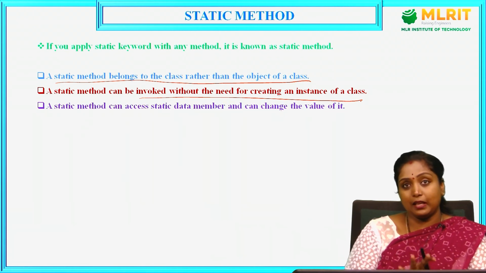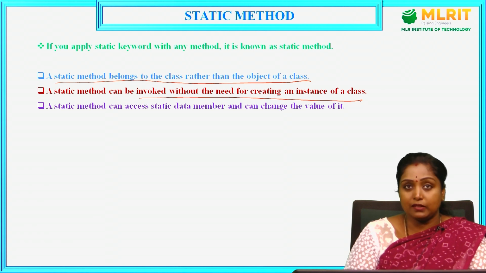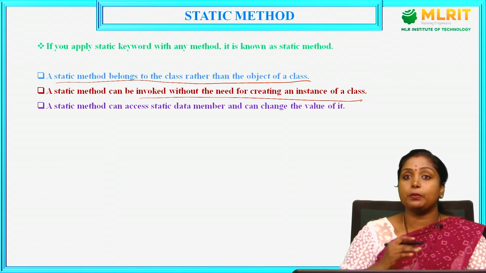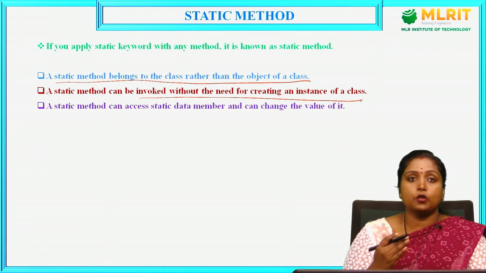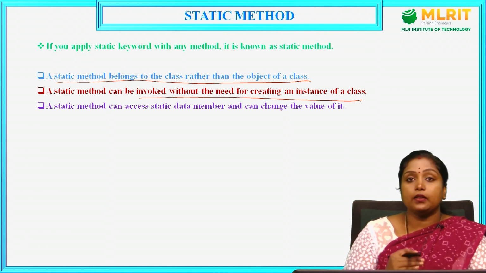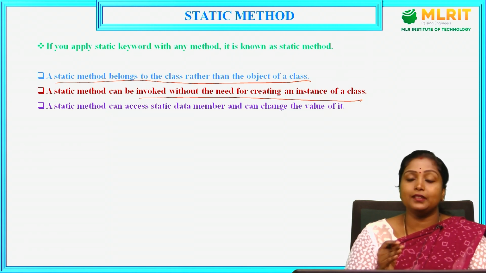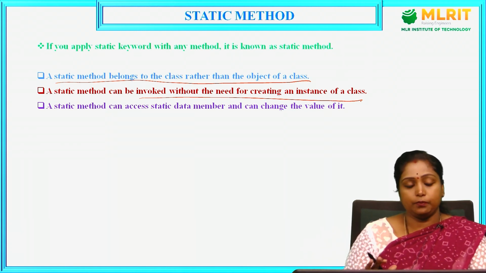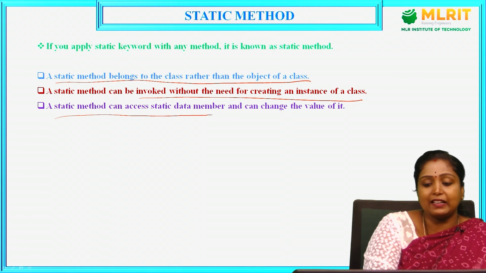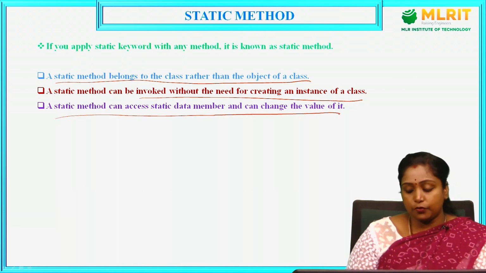If it belongs to the same class, you can call it directly, or if it belongs to another class, you can call it using the class name dot method name. A static method can access static data members and can change their values.